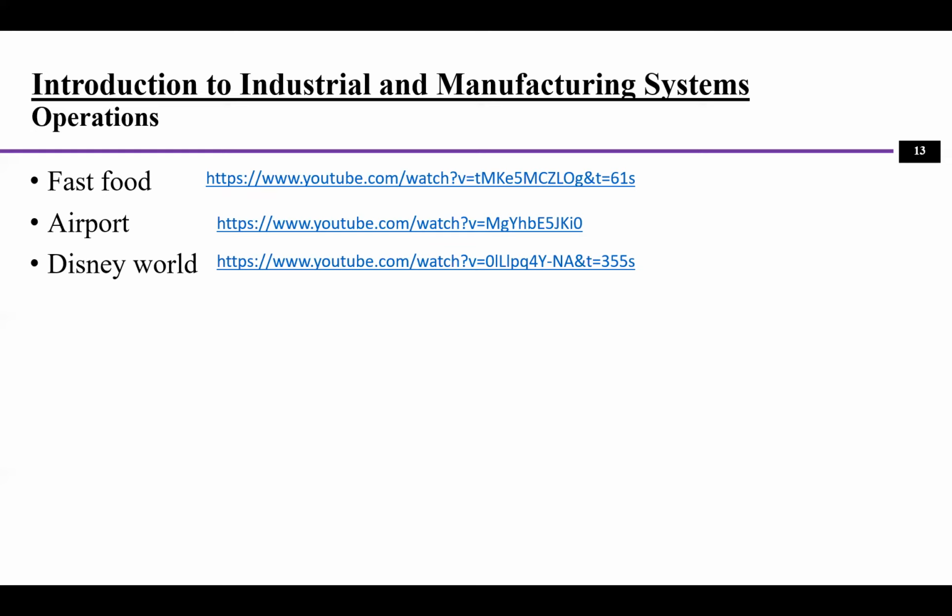Similarly, we can apply a similar principle to some other industries, for example, the airport. So at the airport, what are they processing? The customers, the passengers, right? You get into the airport, you need to go through the security, the check-in, and then waiting in front of the door.